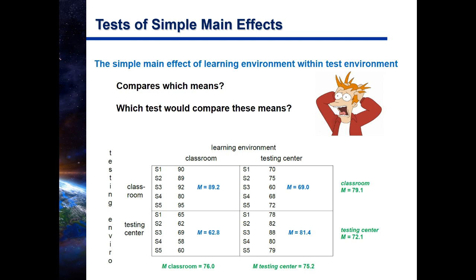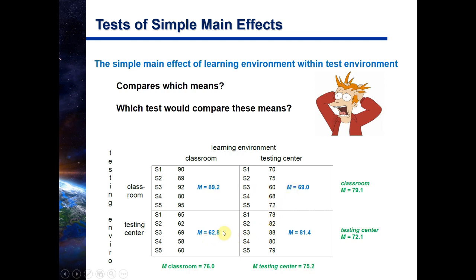But once you decide you need to do tests of simple main effects, put that aside and just look at the analysis you're doing, the test of simple main effect. Just focus on that. So you kind of forget the two-way. So the simple main effect of learning environment compares these two means only for the classroom. Two means, same people in each mean, that's a dependent t-test. So that would be one test of simple main effect.